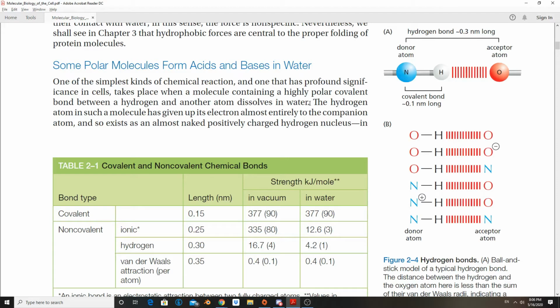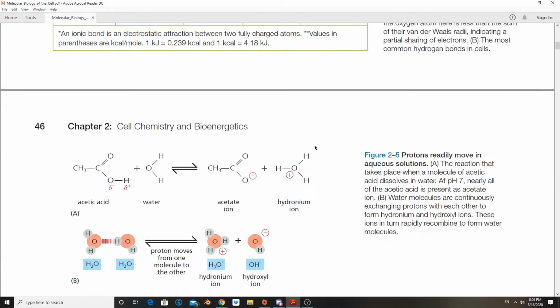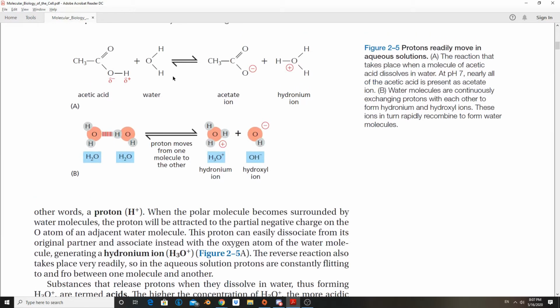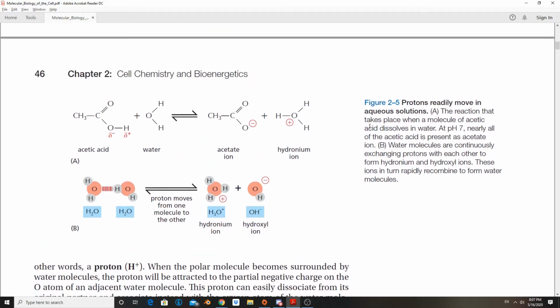So it says here that the hydrogen atom in such a molecule gives up its electron almost entirely to the companion atom, and so it's basically just this hydrogen nucleus, in other words, a proton, that is just floating there. When this proton is just floating there, if it's gone, no one really cares. So right here, this is an acid-base reaction.